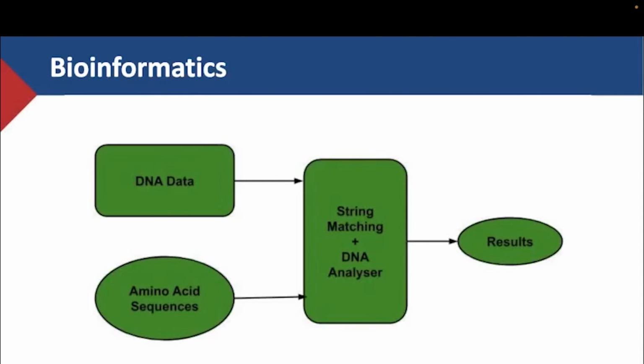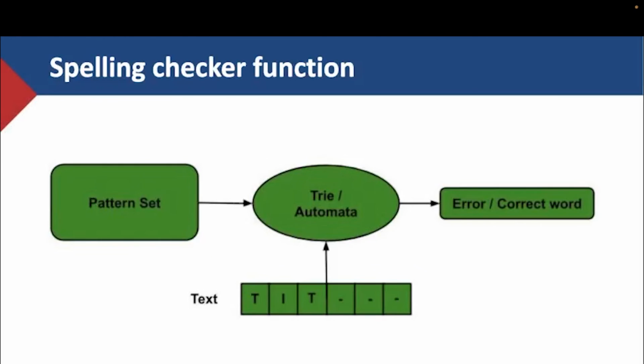For bioinformatics, information technology and computer science are applied to research problems involving finding patterns in DNA. In famous texting apps like Word, Messenger, or Google Docs, there are spell checker functions, and for this we need a data structure called a trie, also called a digital tree or prefix tree.